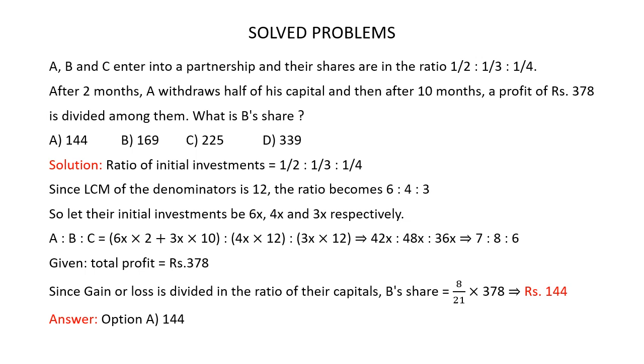Now it's given that after 2 months, A withdraws half of his capital, and then after 10 months, a profit of rupees 378 is divided among them. So the total time of investment is 2 plus 10, that is 12 months.